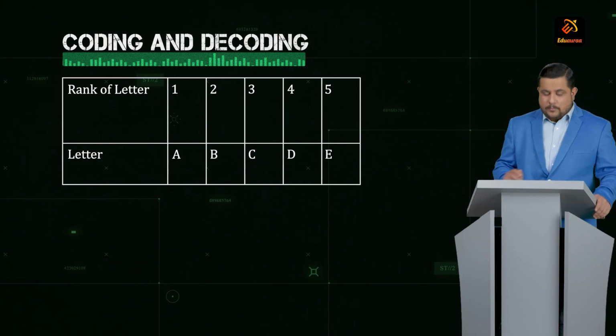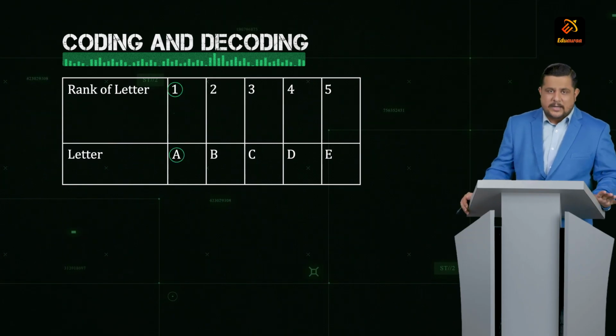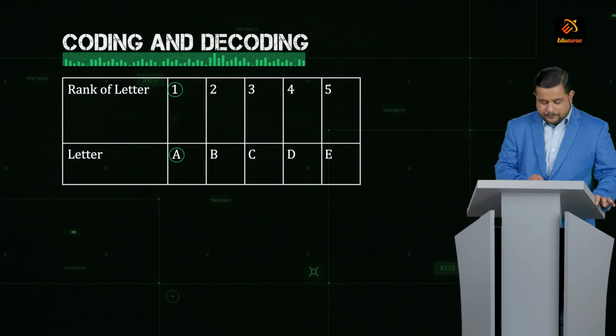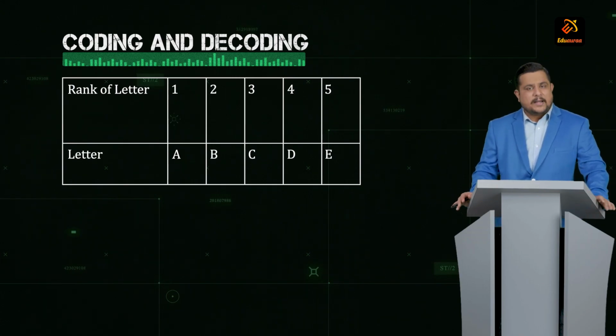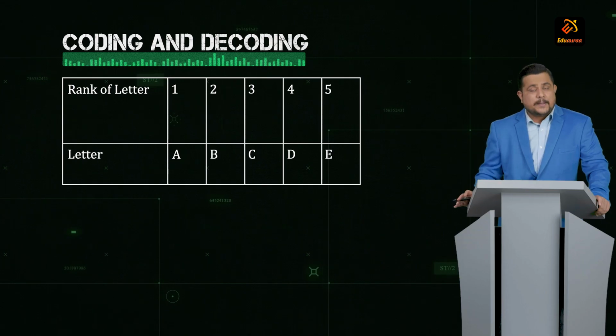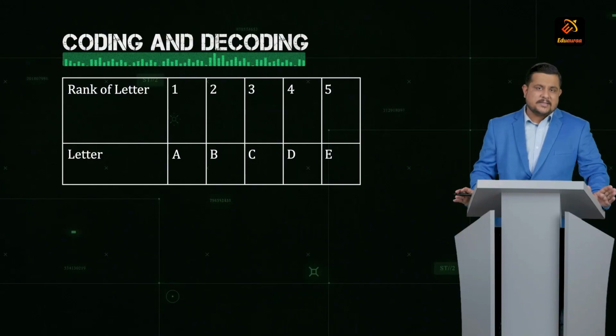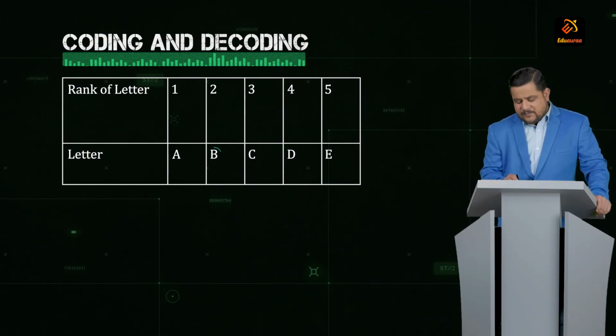So we'll start from A. What is the rank of A in alphabetical order? You will say 1, and there is no trick required for the rank of A, because we can easily remember this. This is the first letter and after this B will come.